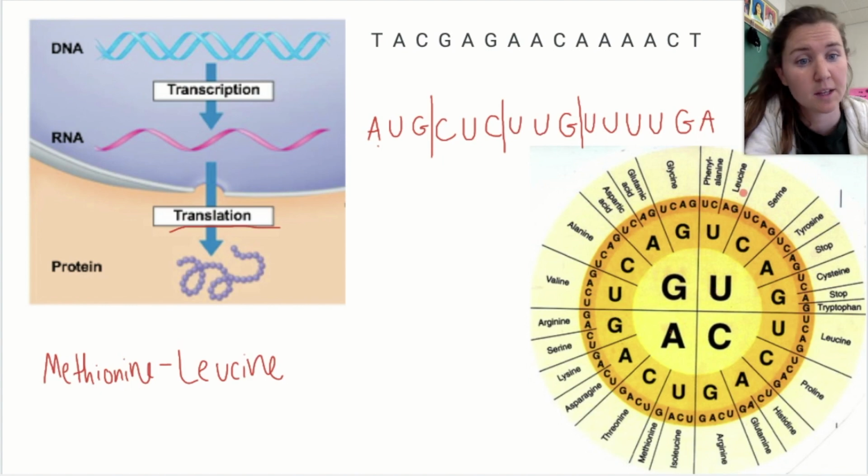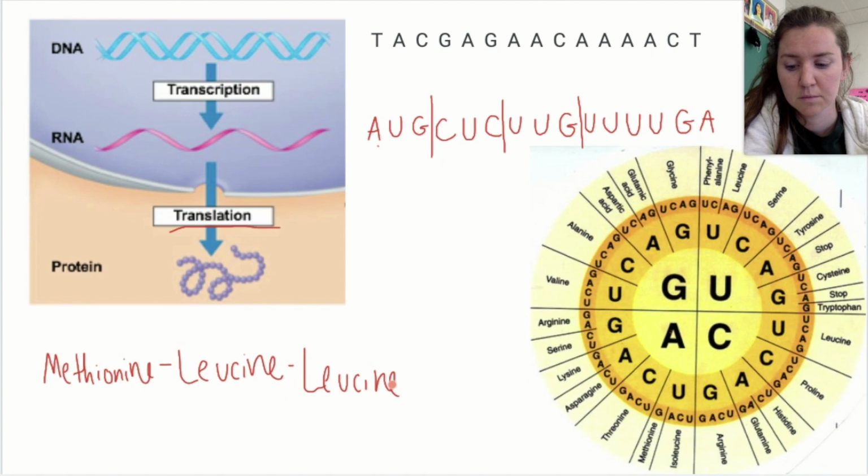U, G, another leucine. Then U, U, U. So U, U, U, phenylalanine. It's a long one, so I'll have to write small. Phenylalanine.